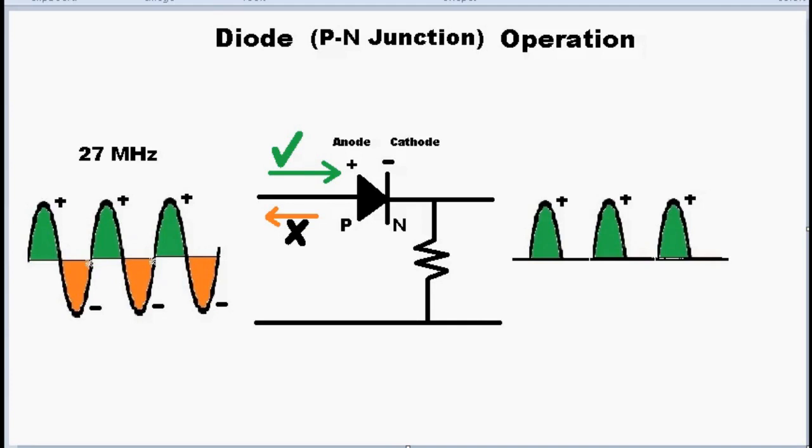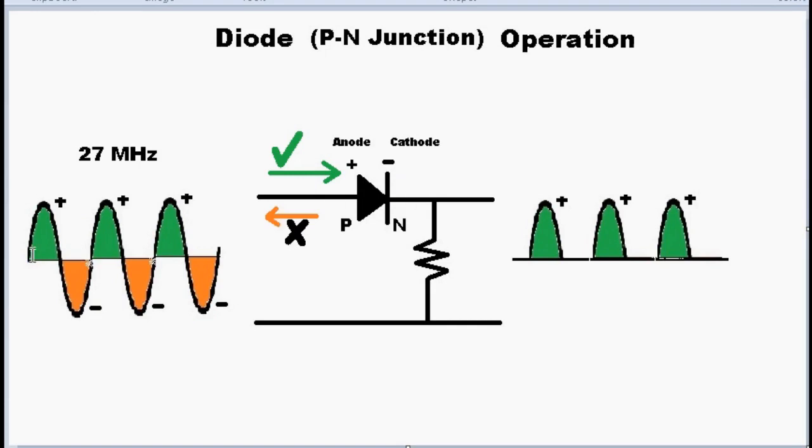Okay, so a quick review of the diode operation, which is a basic PN junction. It's drawn here as the anode and cathode. You can see the triangle and the line. That's the diode symbol. And the basic operation of the diode, as shown in this drawing, is basically one-way electricity flow from the positive to the negative, as shown here.